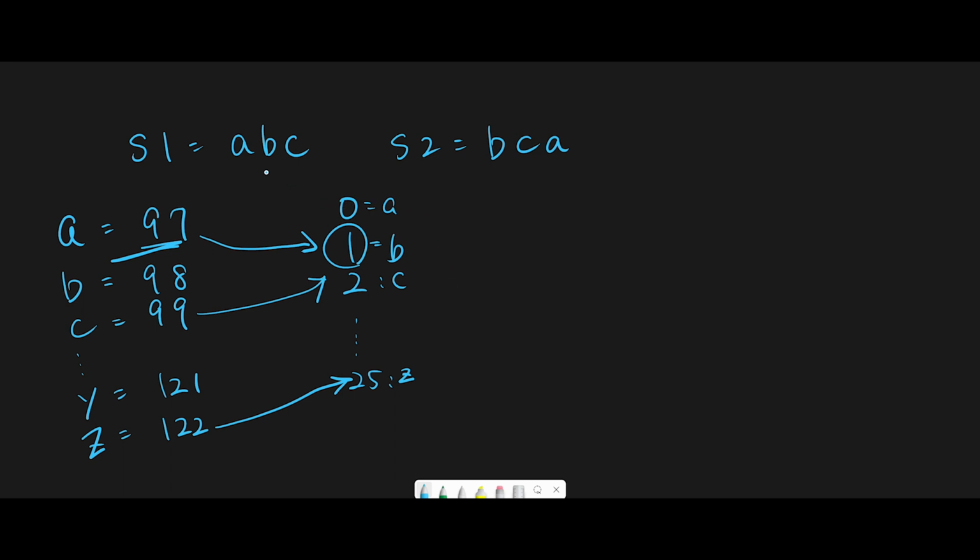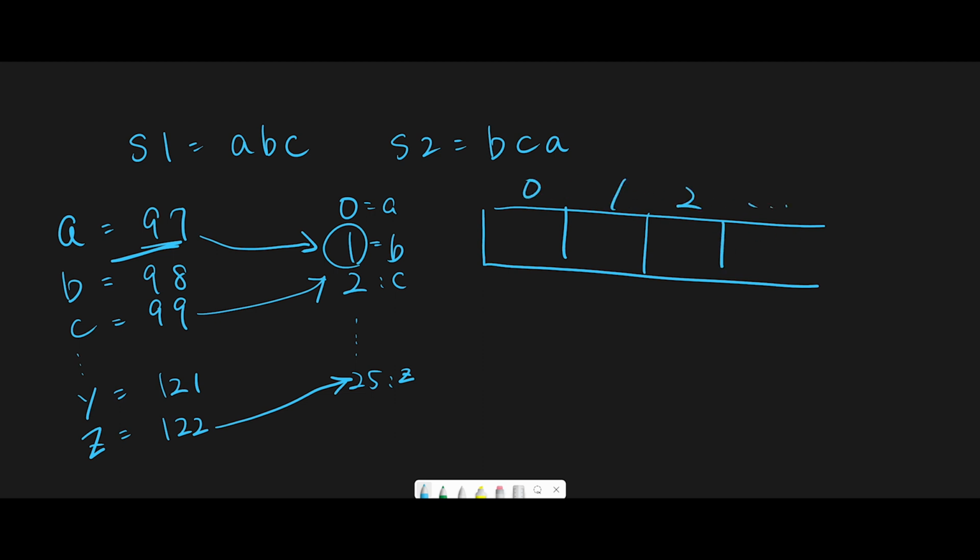And actually we do the same thing as in the hash map solution. Basically we iterate through one of the strings one by one. Let's say we iterate through S1. We prepare an array, and this is index 0, index 1, index 2, and so on, up to index 25.